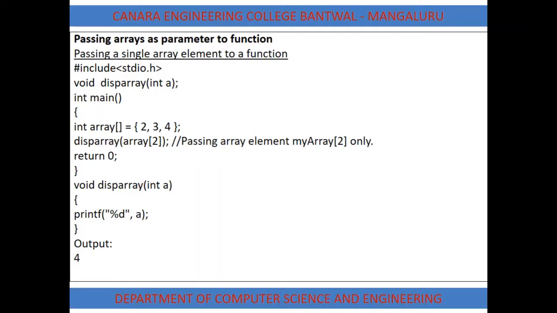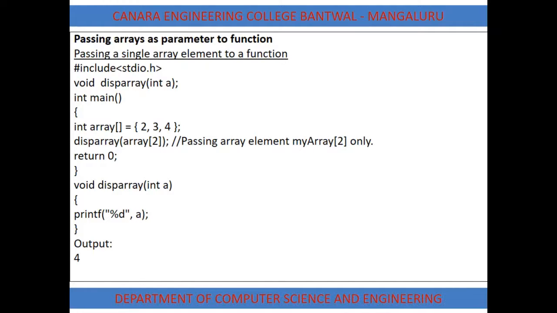So in int main, I have declared an array and initialized it with the values 2, 3, 4. Now array[2], when I am passing it, means the element stored at index 2 in the array, that is 4. So that 4 will be passed to the display function. void display(int a): you can see I have not mentioned the square brackets here, because this is accepting only one element.